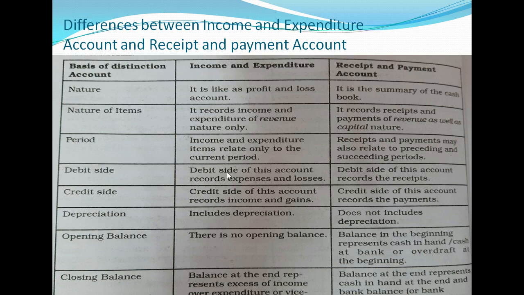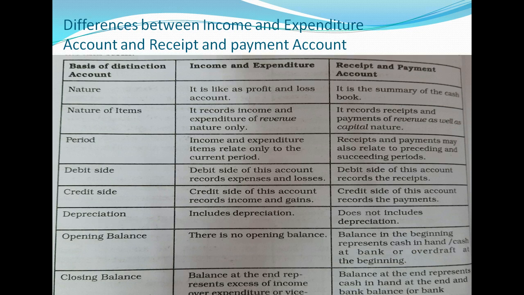Debit side: in case of income and expenditure account, all expenses, that is revenue expenses and losses, will be shown on the debit side, whereas in case of receipts and payments account, we show all the receipts, whether current or relating to previous year or next year, on the debit side.